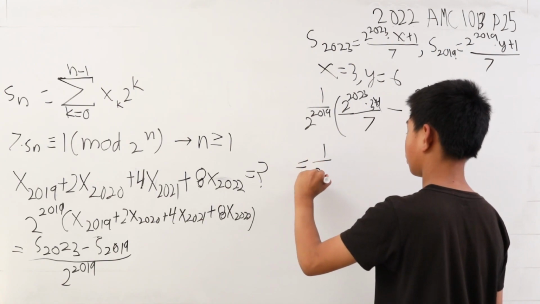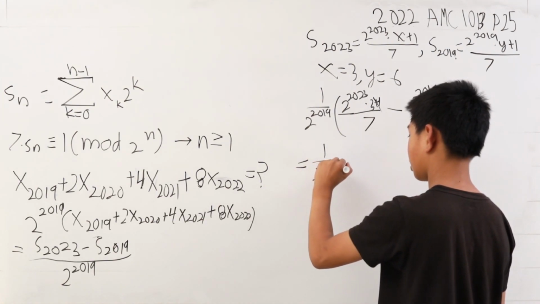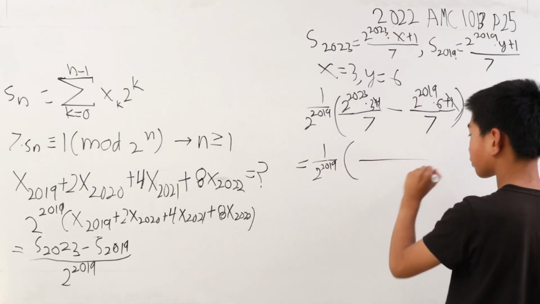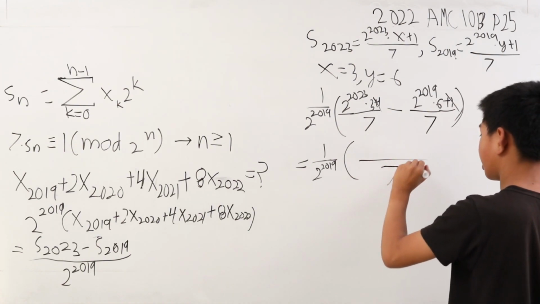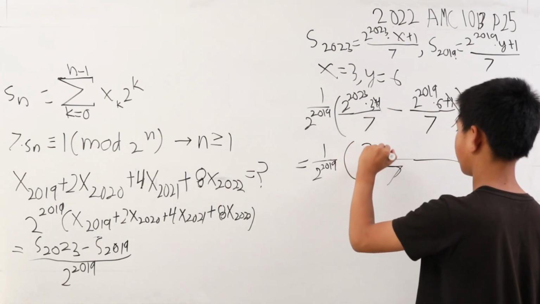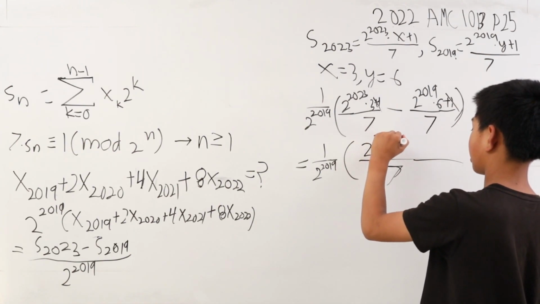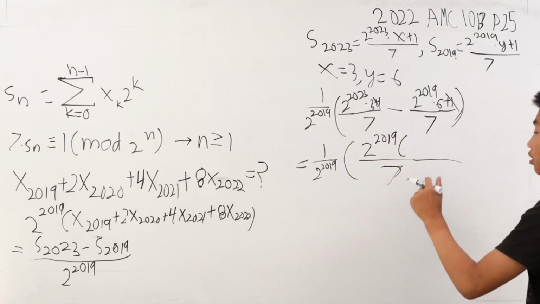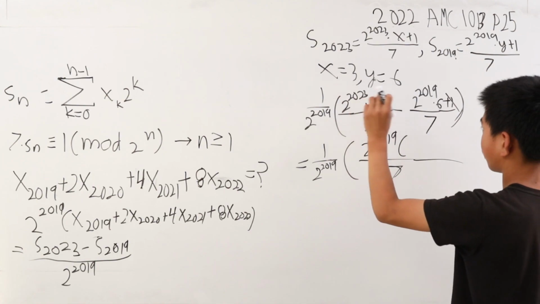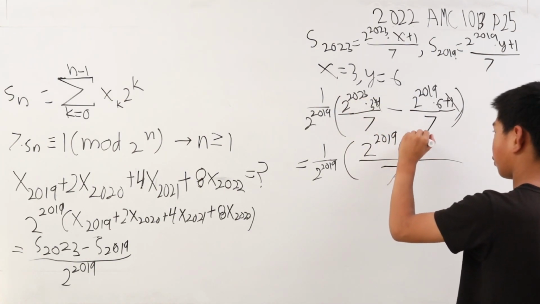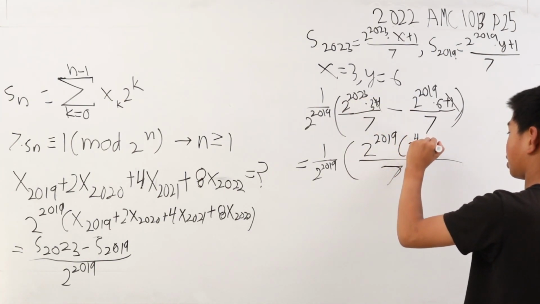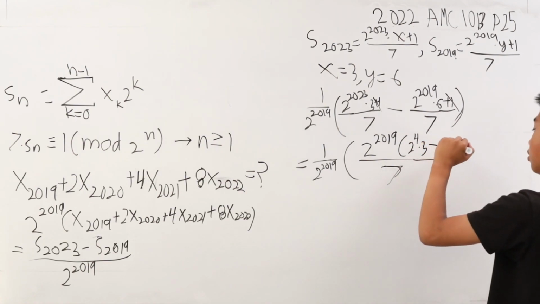Okay, I'm just going to write it like this: 1 over 2 to the power of 2019. When we make a common denominator of 7, and then factor out a 2 to the power of 2019, we have 2 to the 4th times 3, and then you subtract 1 times 6.